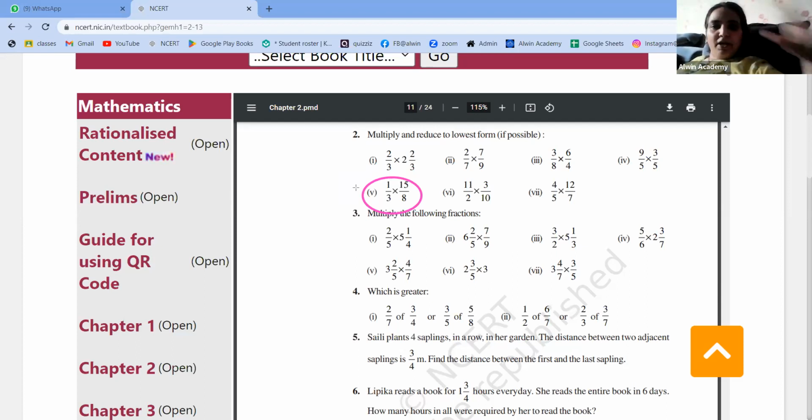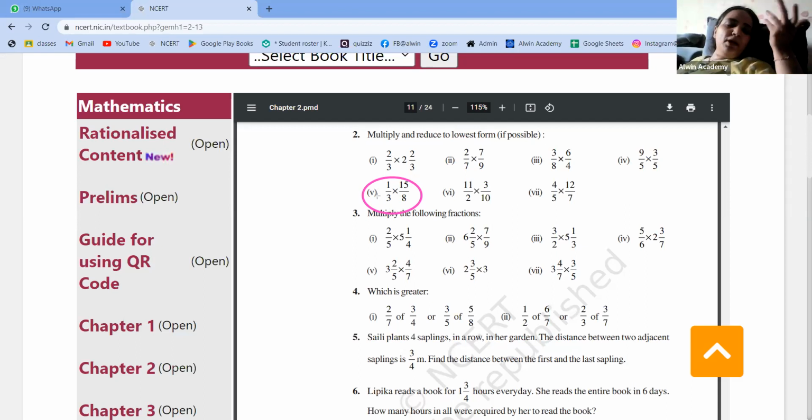Priyansh, have you solved this fifth part only or some other part? Which part have you solved? Ma'am, I think he did the third part. Priyansh, you're muted. Yes, the third question's fifth part.